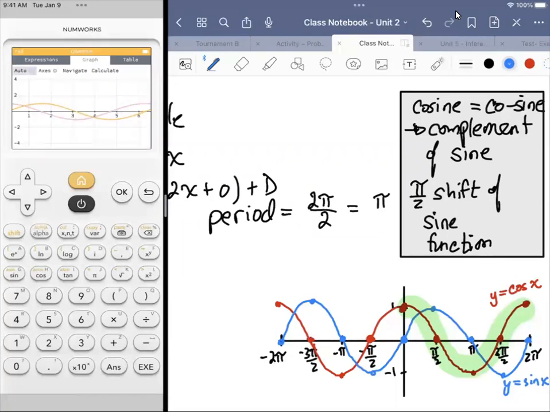I'm going to make it go from negative 2 pi to 2 pi, confirm. And for the y's, I'm going to bring it a little closer. I'll go negative 1.5 to 1.5. I want to go just a little bit beyond my maximum and minimum points, just so I can actually see them on the graph. And then confirm.